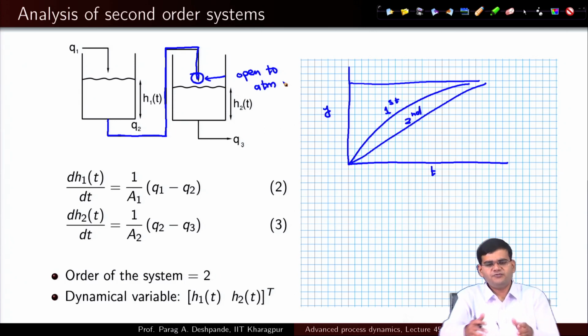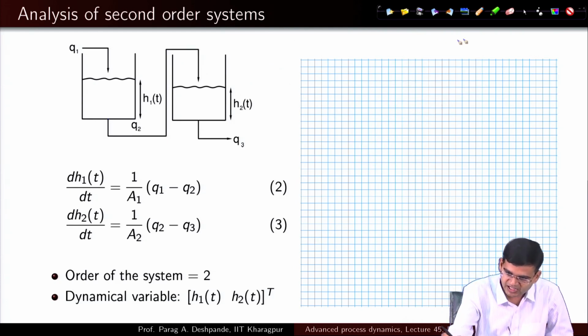Okay. So, therefore, if you simply remove the second tank from the system, you will start spilling the liquid, you will start draining the liquid, and nothing will happen to the dynamics of the first tank.